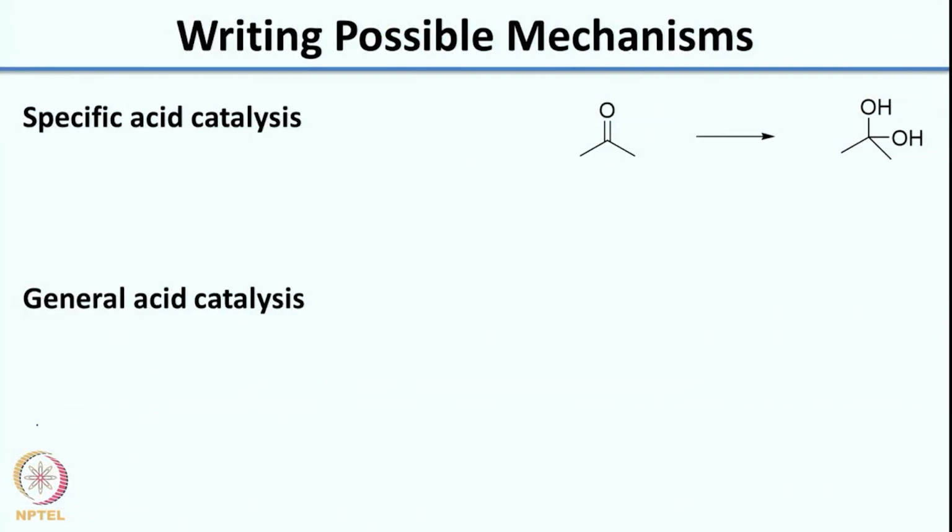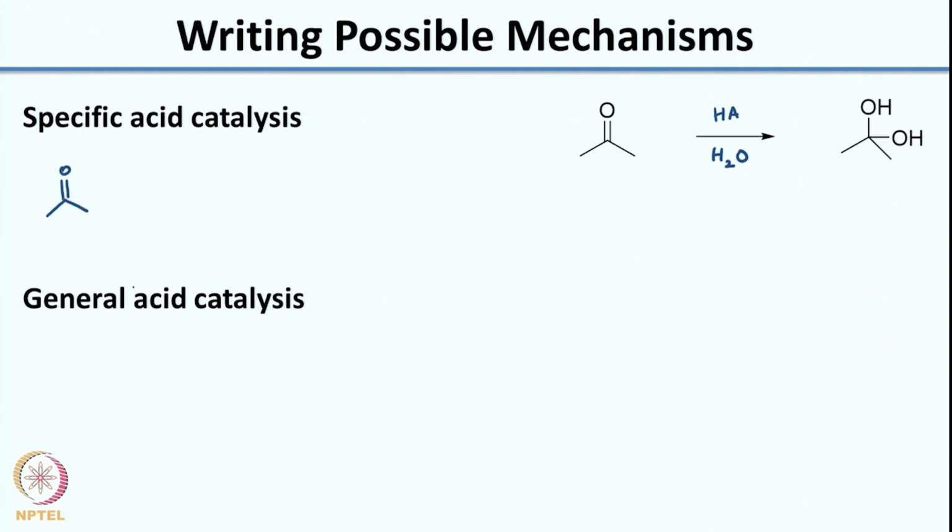So, when you look at specific acid catalysis, what is the thing you need to remember? Protonated solvent is what is important. So, let us say we are doing this reaction with an acid HA in water. Alright, so H3O plus is what we are looking at. So, now let us say that you have your ketone, right.